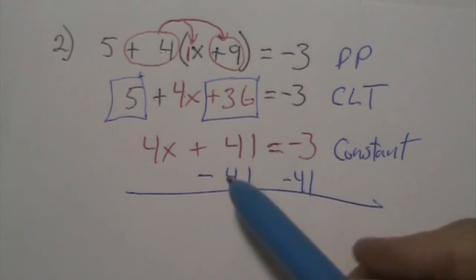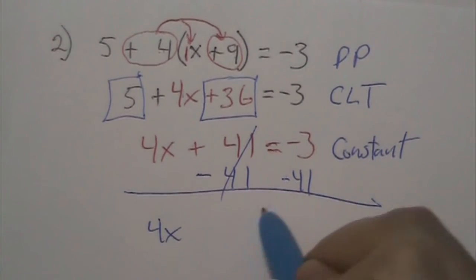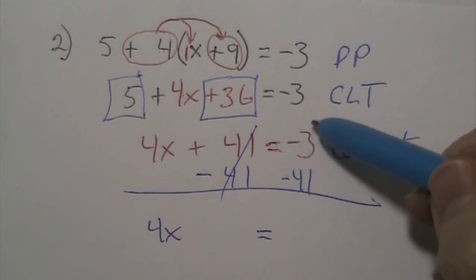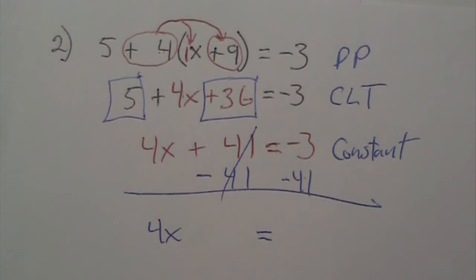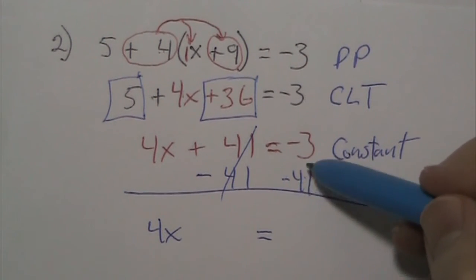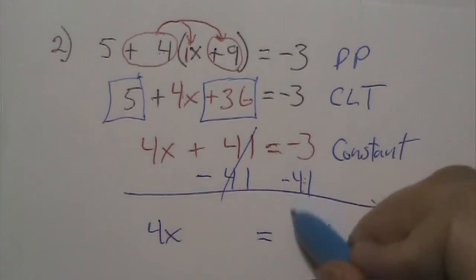Okay, so I'm making this 0. That's 0. I'll bring down the 4x equals, so I have negative 3 and negative 41. They're both negative. They're both the same sign, so I just add them up. 41 and 3 is 44. And they're both negative.